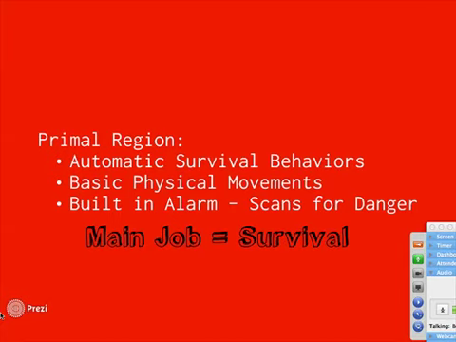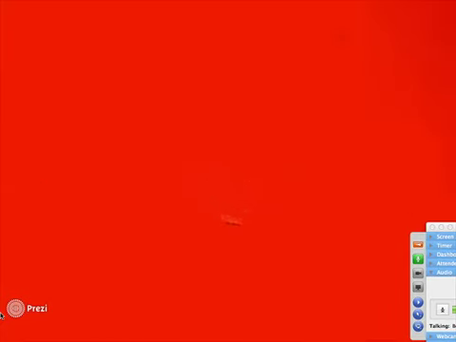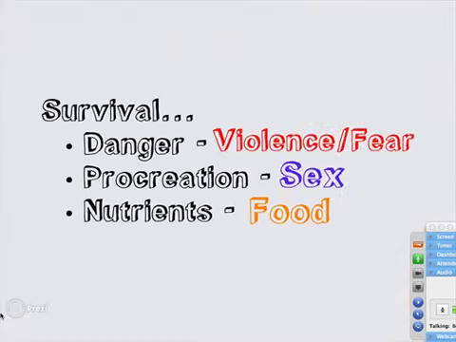If we were to translate that into what we see in the media, how much do we see in the media that's centered around violence or fear? Or, of course, for our survival brain, it's looking at it for procreation, but the media translates that into sex, and then anything to do with nutrients or food. But the top two we see in our media all the time. Would you agree with that?